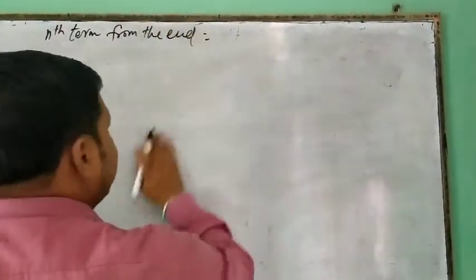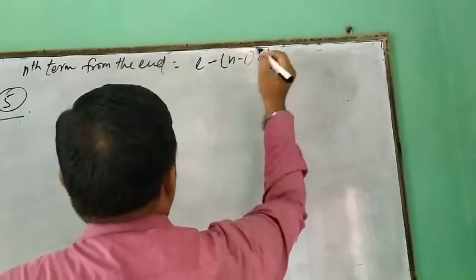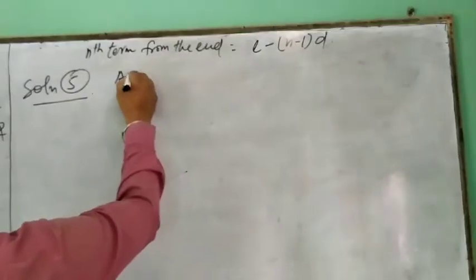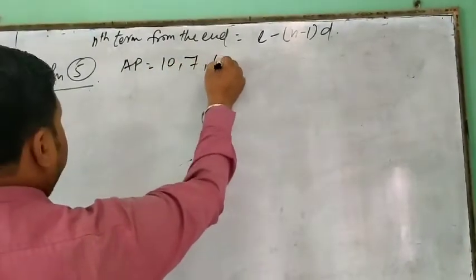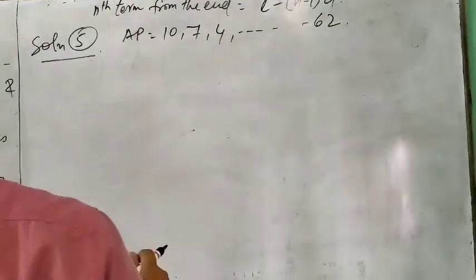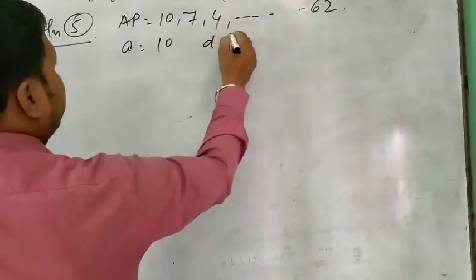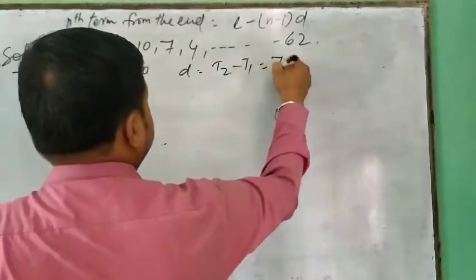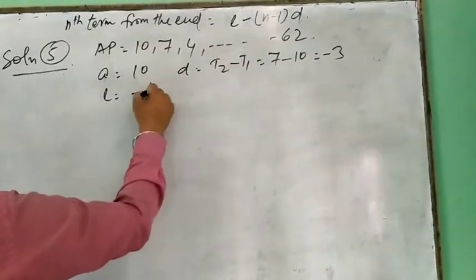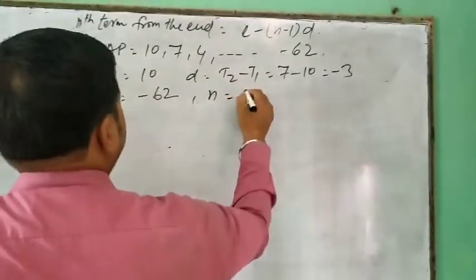To find the value of the nth term from the end, we told you the formula: L minus (n minus 1) into D. So here the AP is 10, 7, 4 and so on up to minus 62. At first A equals 10 and D equals T2 minus T1, that means 7 minus 10, that means minus 3. L, your last term, equals minus 62, and n, the number of terms, equals 11.